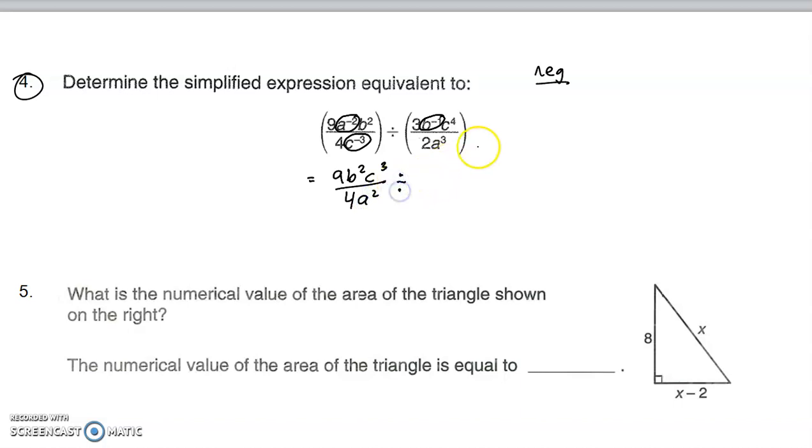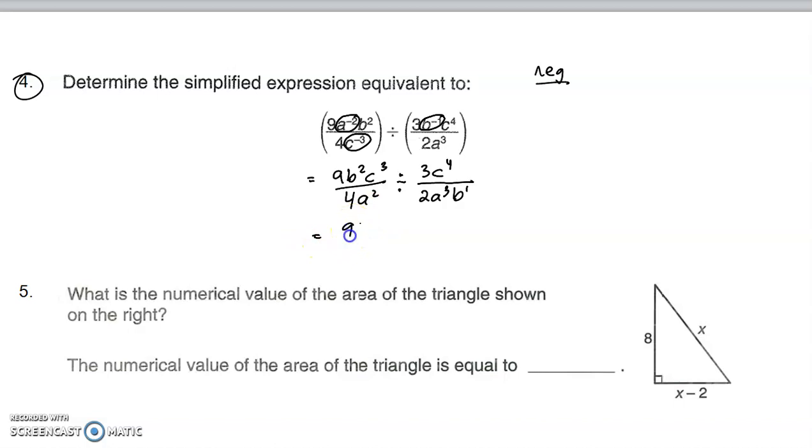I'm not going to flip the fraction yet for that division. I'll take care of that later. Try not to do too many things in one step. 3c to the 4 on the top and 2a cubed, and the b to the negative 1 is going to become b to the positive 1 on the bottom. Let's write the 1 there just to be sure.